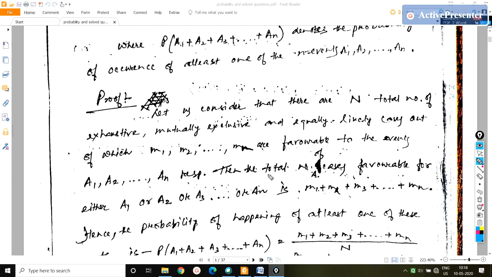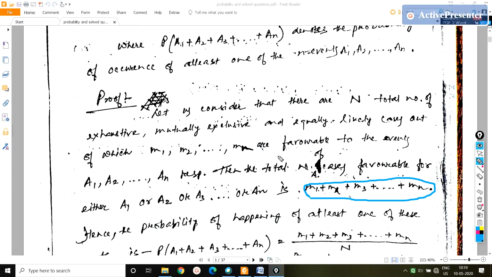Then the total number of cases favorable for either A1 or A2 or A3 or An is given by M1 plus M2 plus M3 plus up to Mn, because this will give you the cases which are favorable for event 1, event 2 and event n.